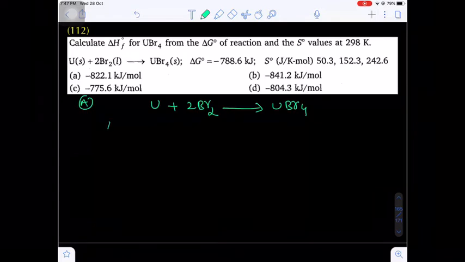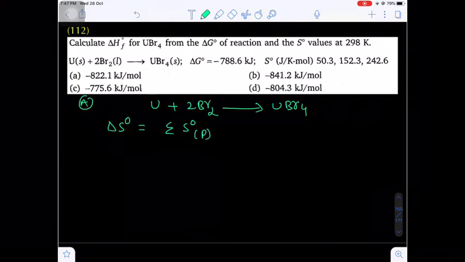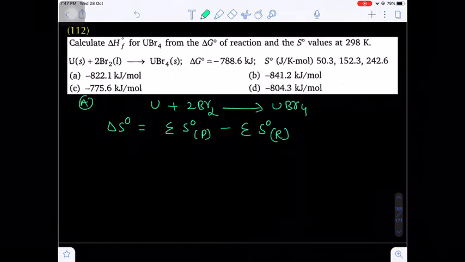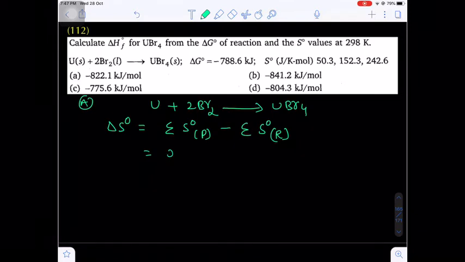First of all, I am calculating the change in entropy. In the standard condition, again it is the algebraic sum of the standard entropy of the products minus the algebraic sum of the standard entropy of the reactants. Okay. Now here the product is uranium tetrabromide, whose standard entropy value is given as 242.6, minus the reactants. There are two reactants, uranium and bromine.